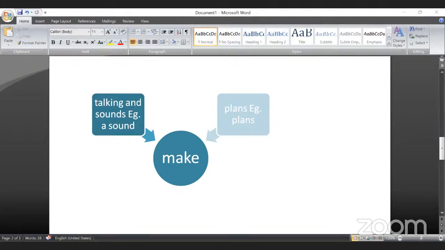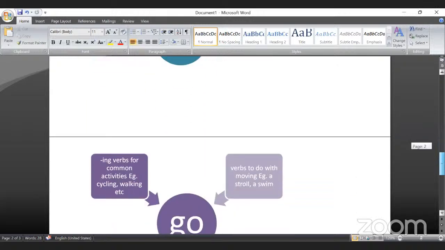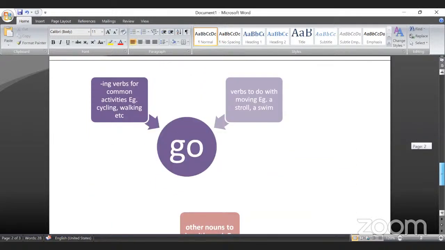All of them are examples of the combination of delexicalized make and the nouns related to plans. Now that is your make.